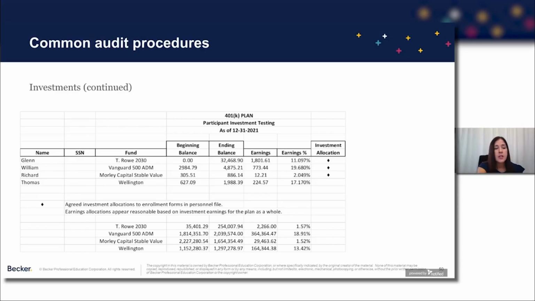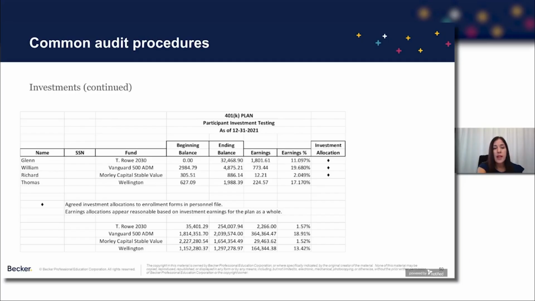And so you can see here, look at the second one. William selected the Vanguard 500, and they took William's beginning balance in the Vanguard fund and William's ending balance in that fund, and took the earnings as a percentage of that average balance. So William had about 19.68% investment income allocated to his account for that time period.